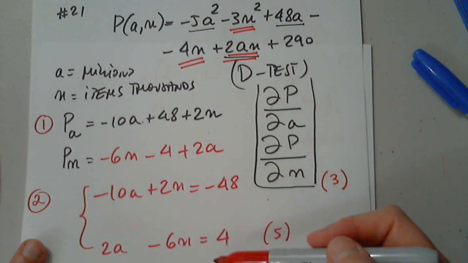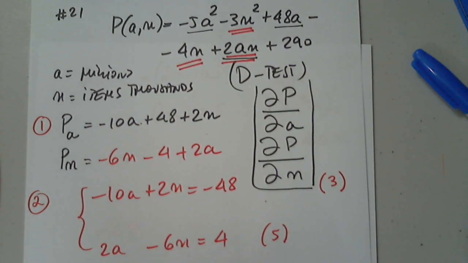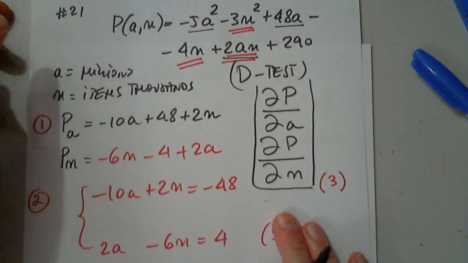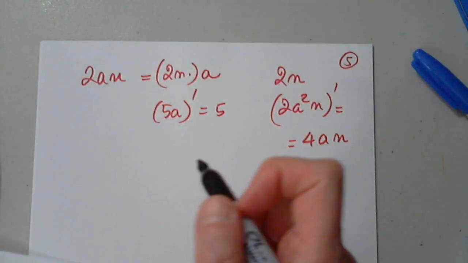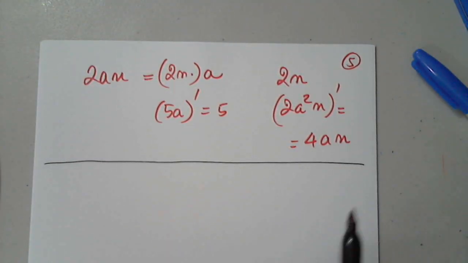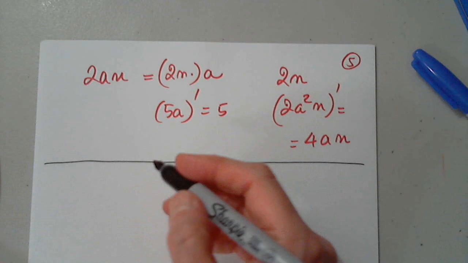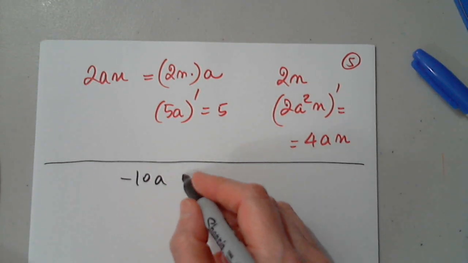So which one would we like to eliminate? Do we want to eliminate a or n? It doesn't matter. You want to eliminate a. Good. So then the first equation is still that.